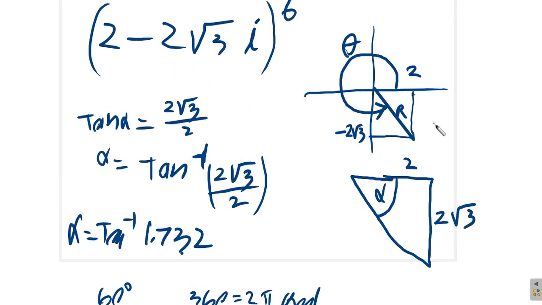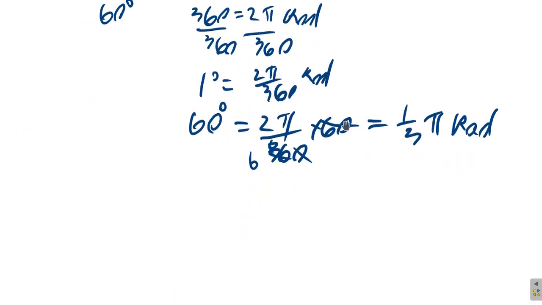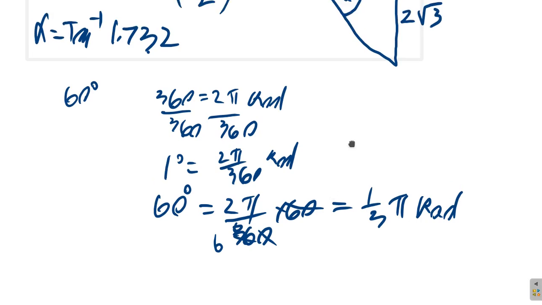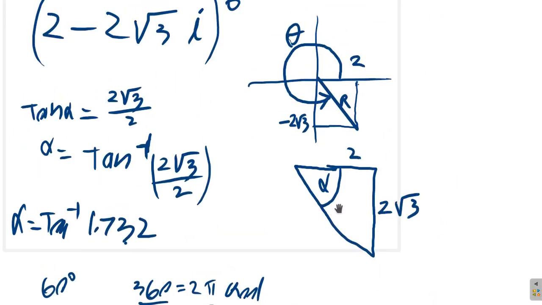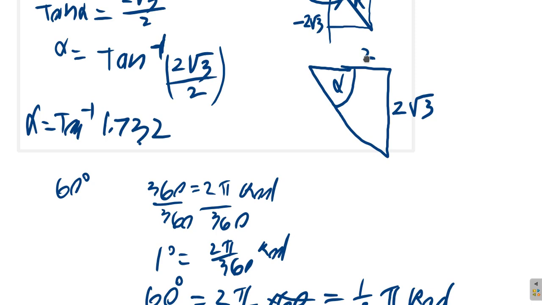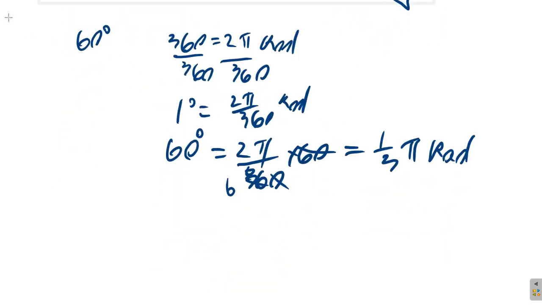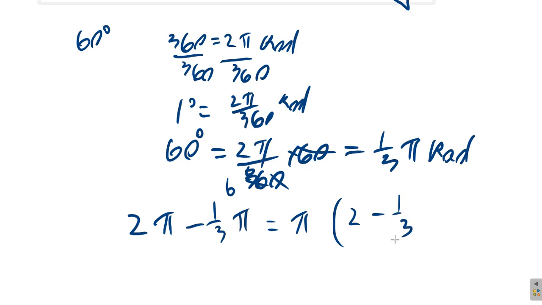Now remember, the angle here is alpha. What we want is the angle around it. So what we do is subtract it. If it was in degree mode, we would subtract 60 from 360 to get 300 degrees. But if we're working in radians, we say 2 pi radians minus 1/3 pi radians is pi times (2 over 1 minus 1 over 3).